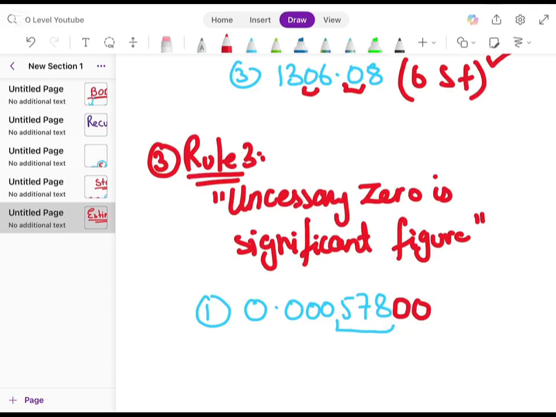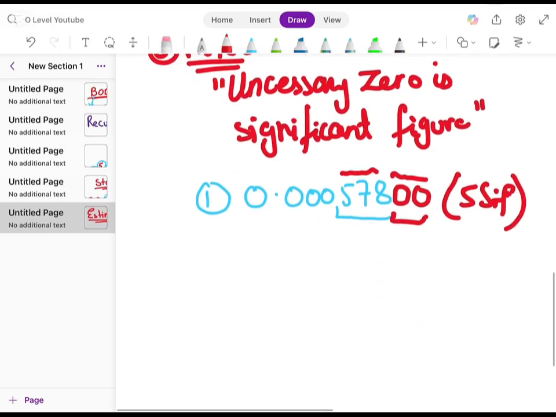If you write 20, 30, 70, 80, it will not affect that value. So these two zeros are considered unnecessary zeros and they will be counted as significant figures. So now I will write 5 significant figures. There are 3 numbers and these two zeros as well. I hope you are clear. Unnecessary zero means a zero that will not affect the value.